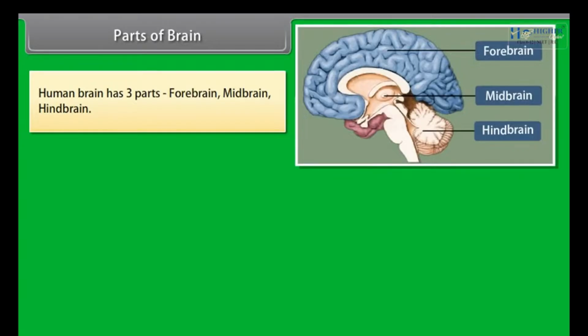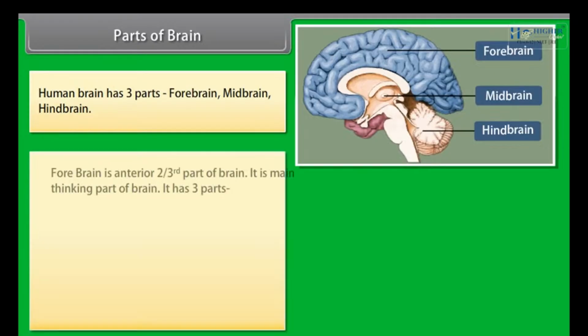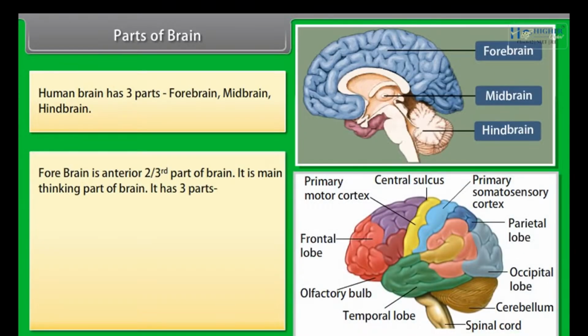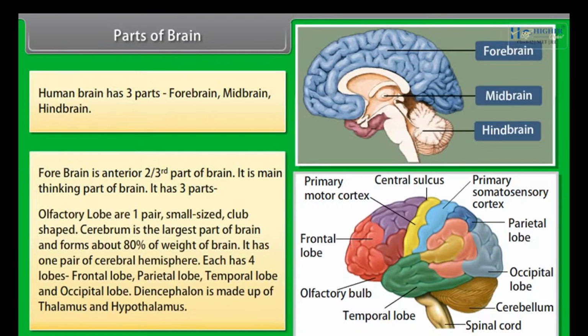Parts of brain. Human brain has three parts: forebrain, midbrain, hindbrain. Forebrain is the anterior, 2/3 part of the brain. It is the main thinking part of the brain. It has three parts. Olfactory lobes are one pair, small-sized, club-shaped. Cerebrum is the largest part of the brain and forms about 80% of the weight of the brain.